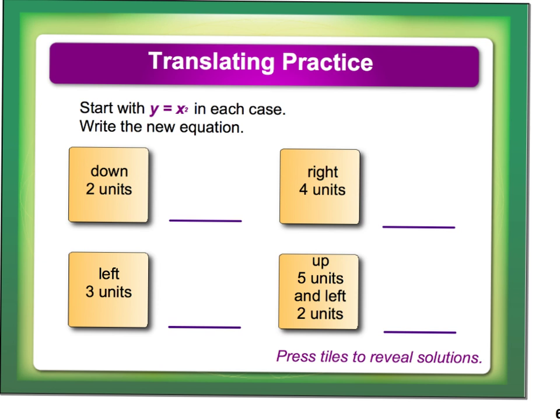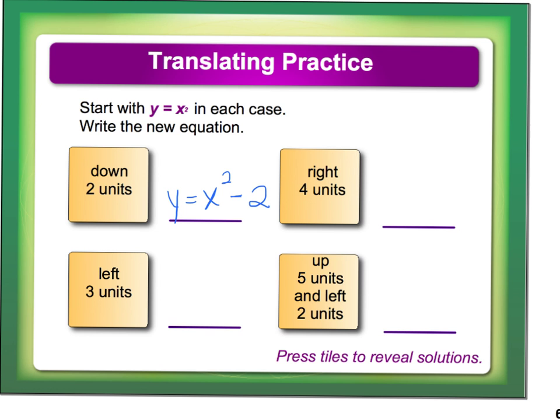Now left and right movements are different. Remember, those are inside parentheses. So if I move my parabola right 4 units, I would have to write (x minus 4) squared. This is kind of counterintuitive to how you think it should move, so you have to be very careful about that. But if you make a table, you would see that because of this squared operation this truly does make sense.